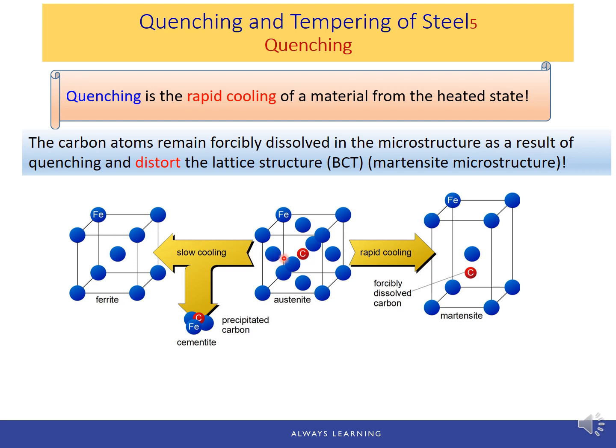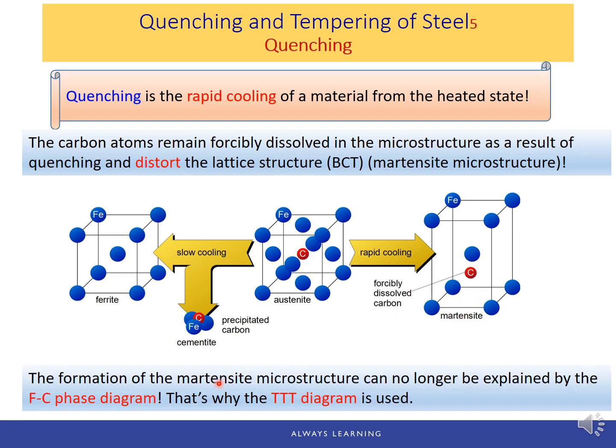So the body-centered cubic elementary cells of the ferrite structure are expanded tetragonally by the carbon atoms forcibly dissolved therein. So this tetragonally widened lattice structure is a new type of microstructure, which is called the martensite.